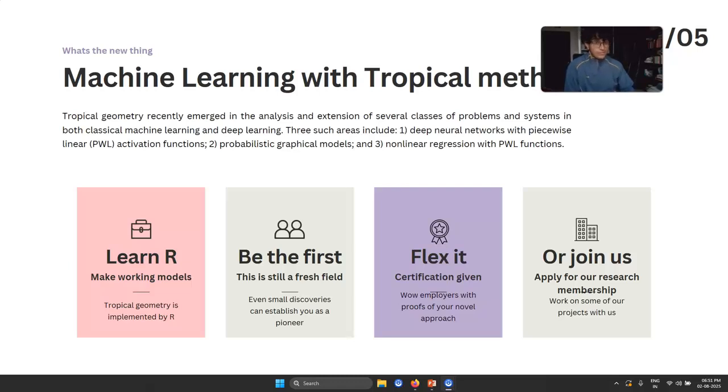You can also be one of the first to actually implement something like this, because tropical geometry itself is an extremely fresh field. So you can say that you apply tropical geometry to, say, a ReLU activation function, or quite literally anything with machine learning, because this is basically a tool to completely simplify anything you have. This is a tool to take any object, literally. It doesn't have to be ML.